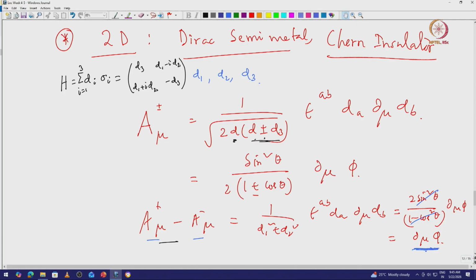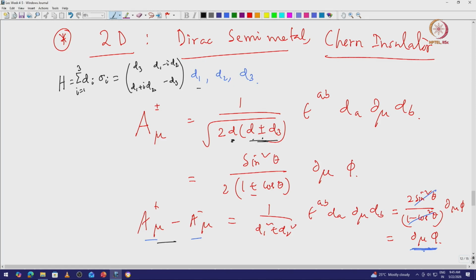So, then we have all the three terms, and if you have all the three terms, the Berry connection turns out to be again kind of a cross product between d and the derivative along mu directions of d, with an antisymmetric product between them, and the denominator is what I want your attention on.